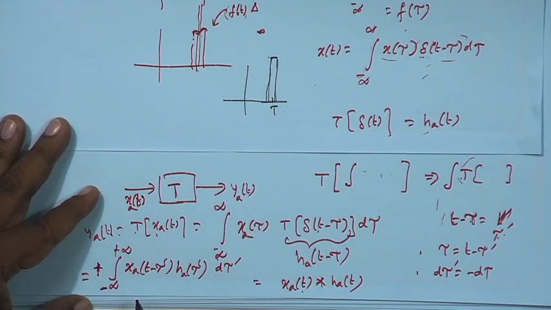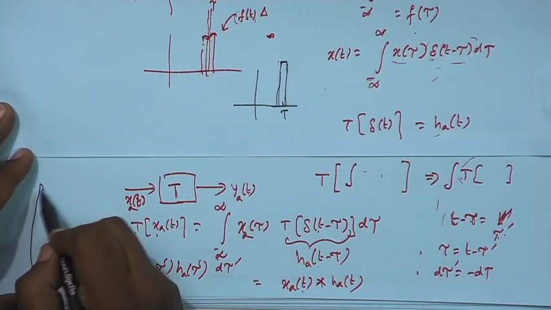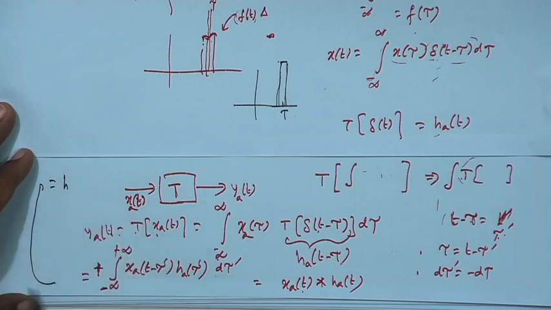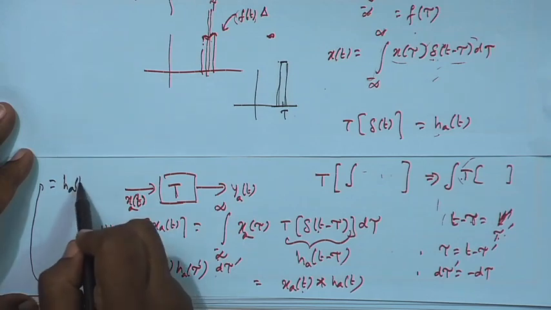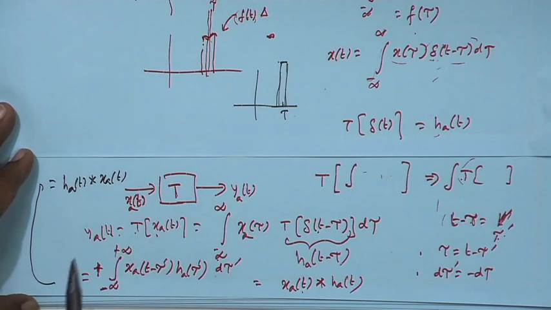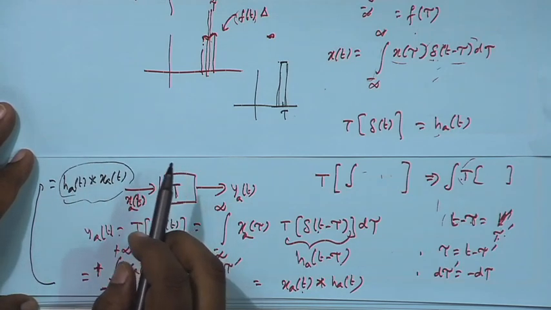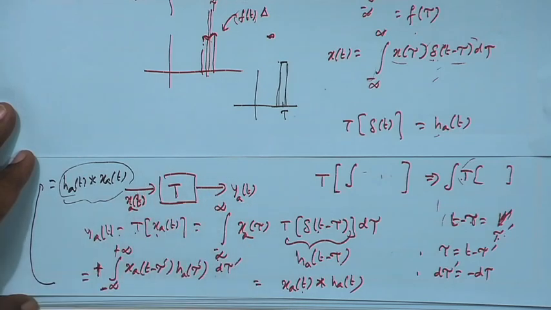So, in this case it is convolution between, in terms of notation it is h a tau prime into x a t minus tau prime. So, h a t convolved with x a t. This is more convenient for all analysis, okay, as we did in the discrete time case.